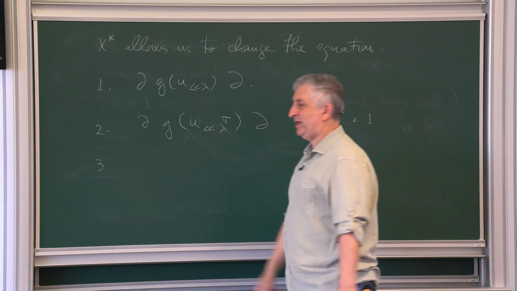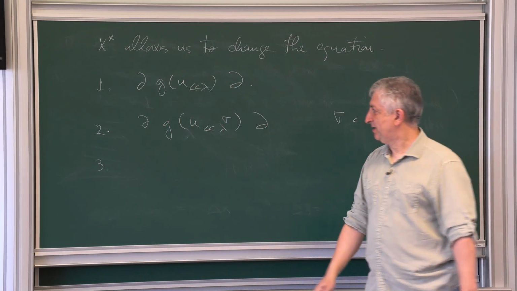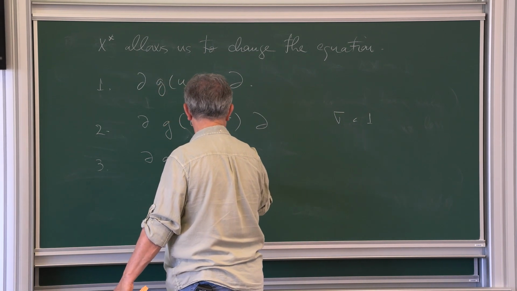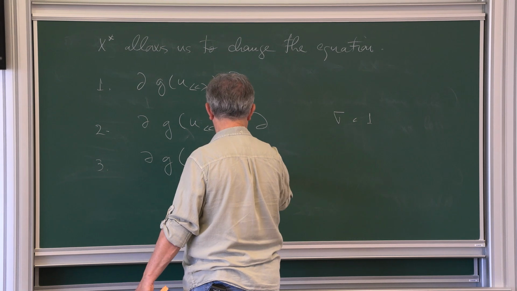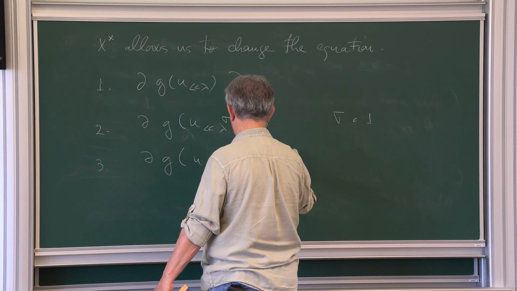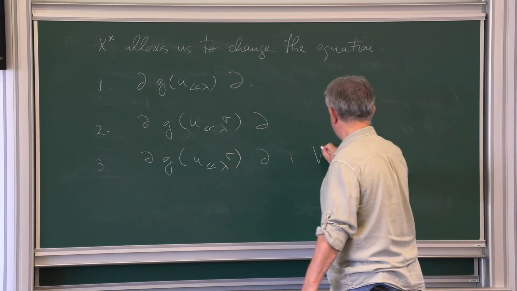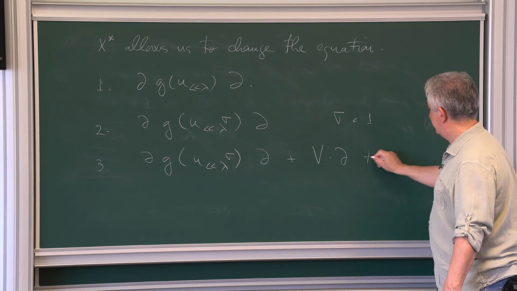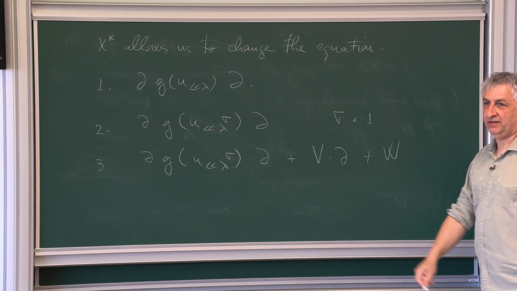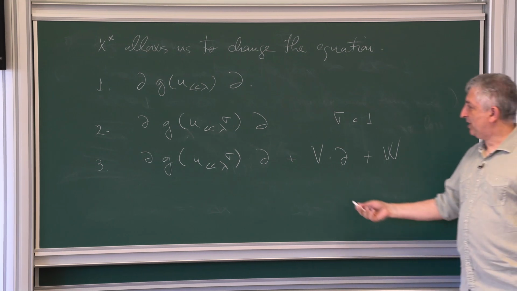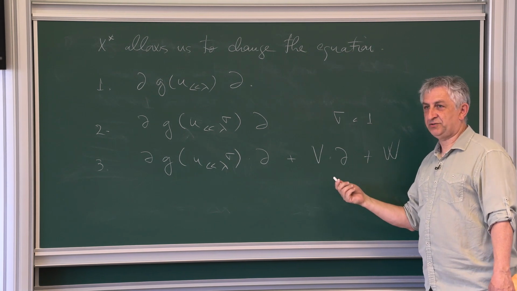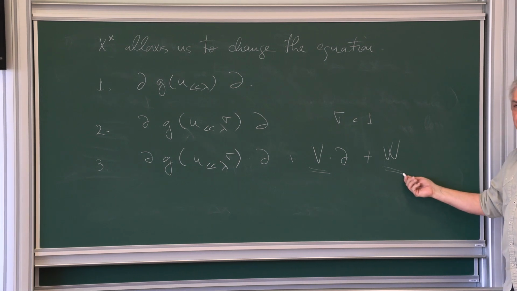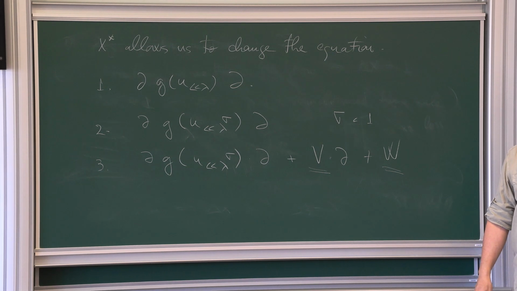The next way we can change our operator is now plus, I want to add a magnetic potential and a potential in here. And I want to say, well, if I play my cards right, I have nice classes of magnetic potentials and potentials which I can add for free, perturbatively.